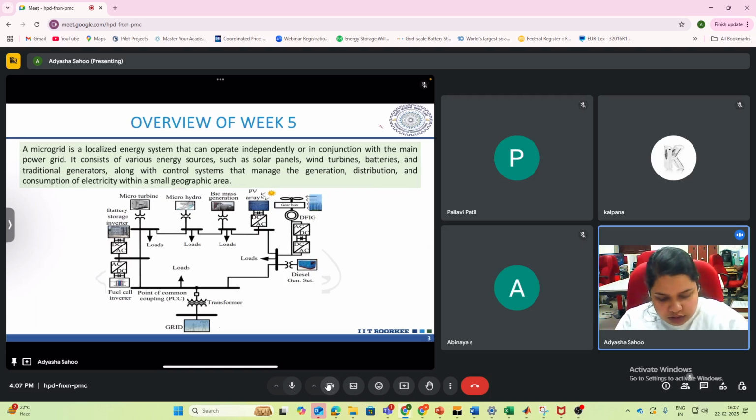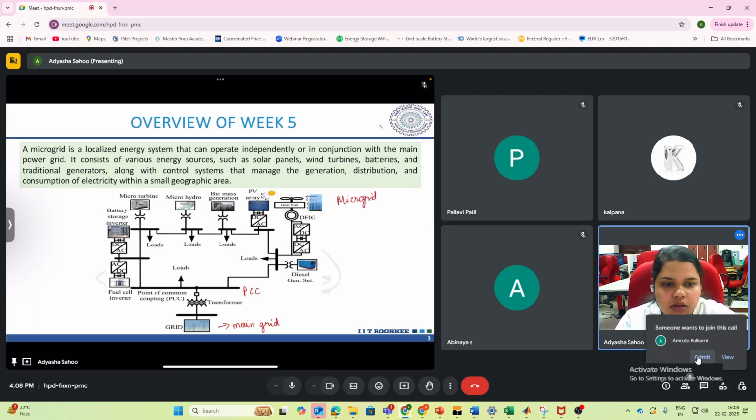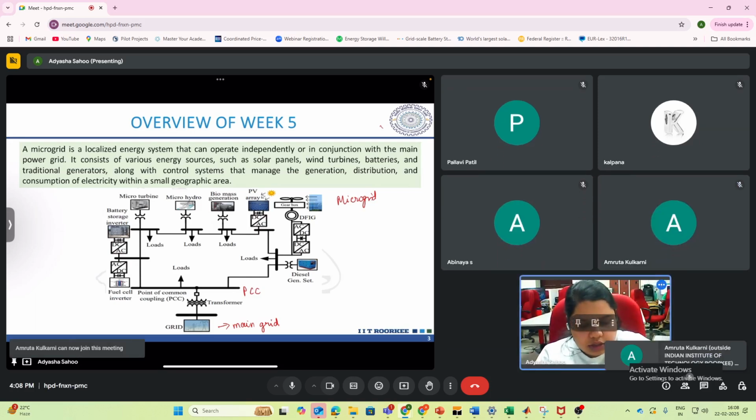So, here you see you have the main grid, and then through the transformer the voltage is stepped down, and this is the PCC or point of common coupling of this microgrid with the main grid. This microgrid contains various generating resources.